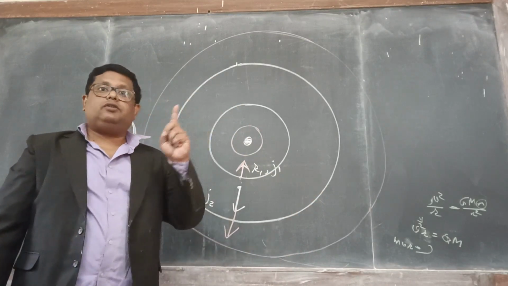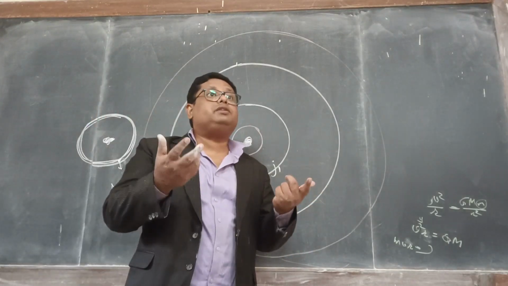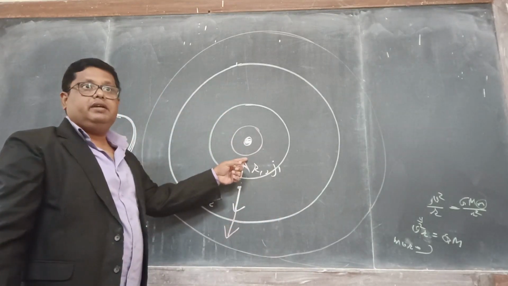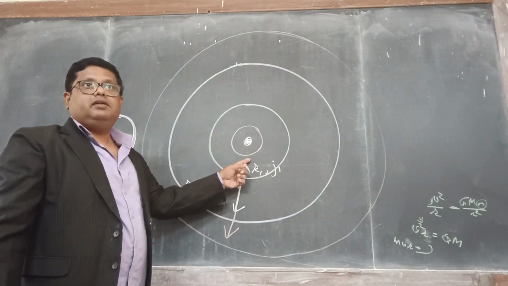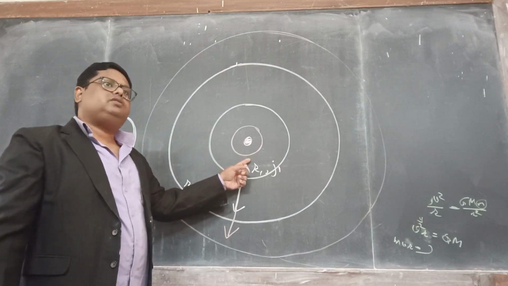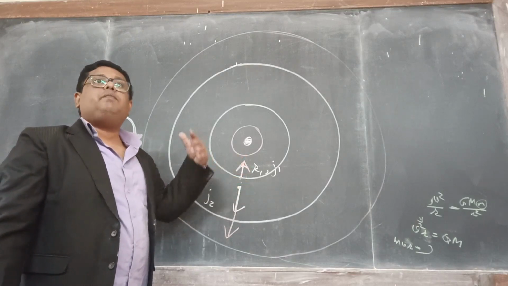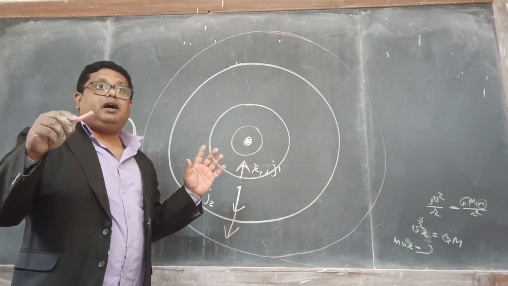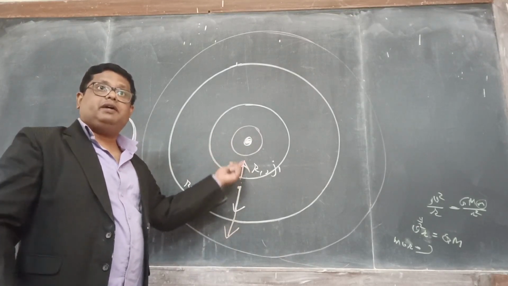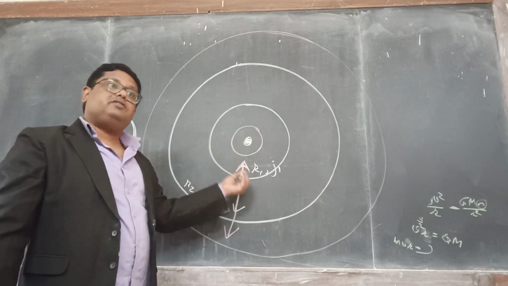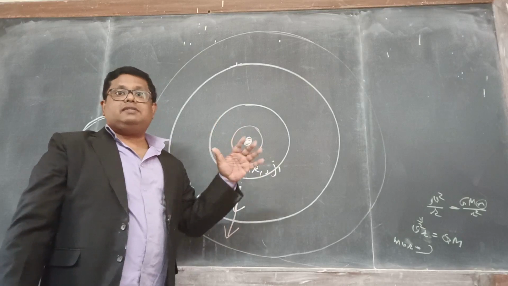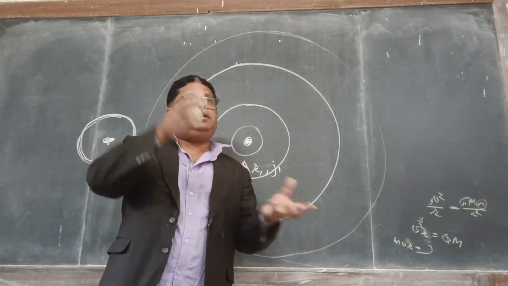Understand? Next concept, what about the gravitational potential energy? Say the mass which is going to the inner radius will lose tremendous gravitational energy. GM/r becomes smaller as r decreases. So the gravitational potential energy loss will be huge, tremendous, and this loss will be in terms of heat energy.